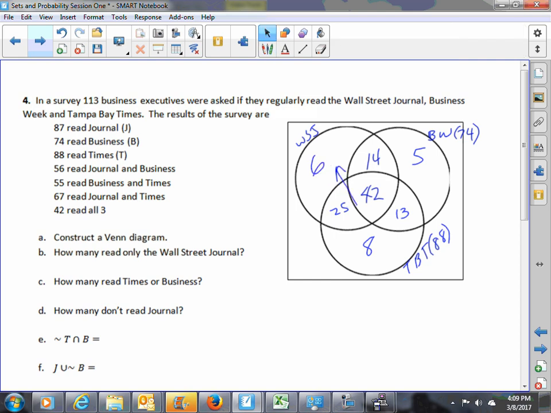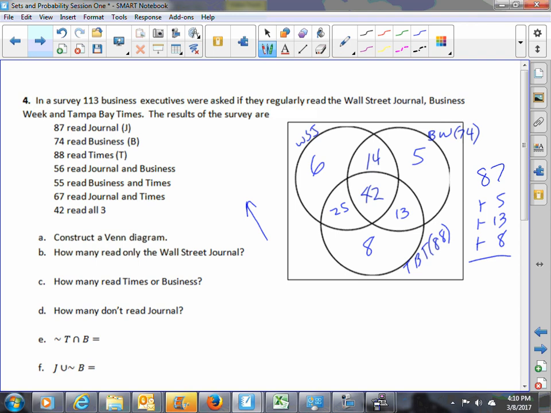Now, it's possible that if we add all of these numbers up, we won't get 113. Whatever there is shy of 113 would be what would go inside the rectangle, but outside the 3 circles. So what we have to do now is add, well, we can save ourselves a little time, because if I know that this plus this plus this plus this already is 87, I can just say 87 and then plus 5 plus 13 plus 8.